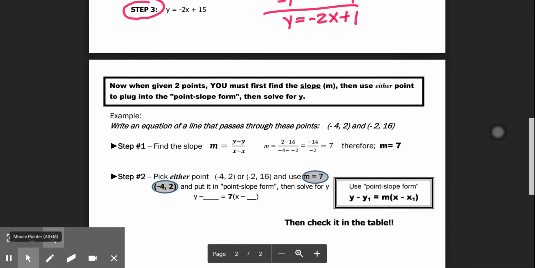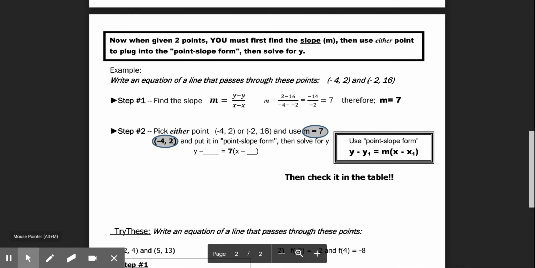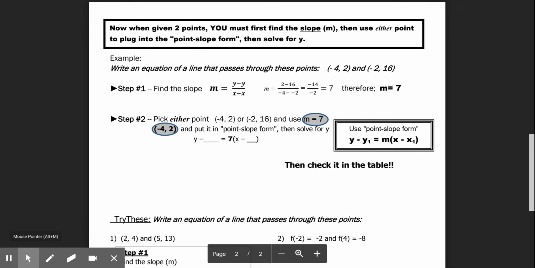All right, on the back side, it says, now, when given 2 points, not a slope and a point, given 2 points, you must first find the slope, then use either point to plug into the point-slope form, then solve for y. So remember the circle, circle, dash line, dash.